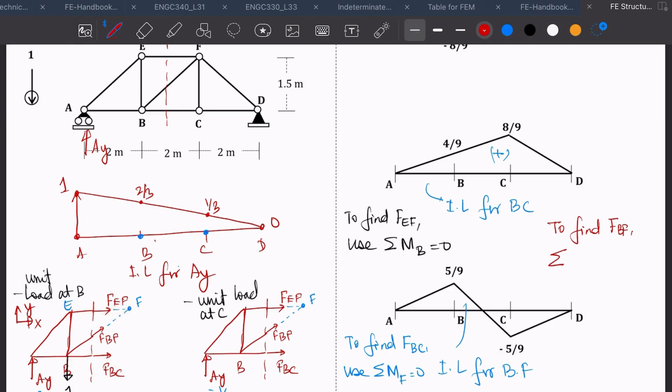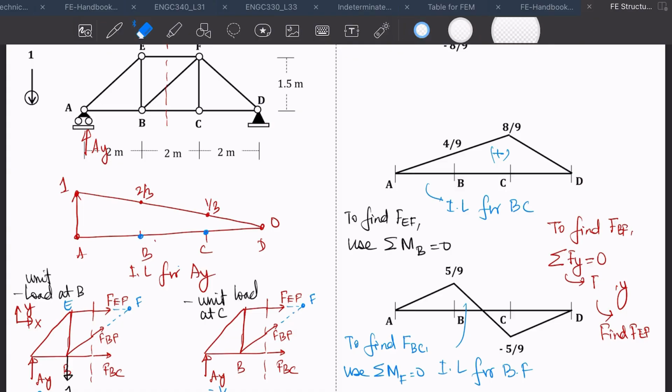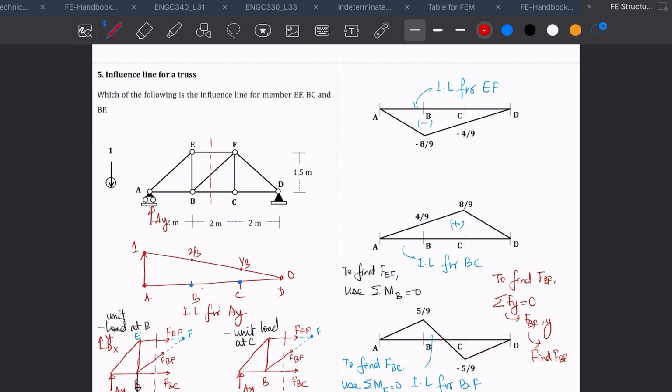So all you have to do is summation of Fx equal to 0. You'll find FBFy, and from there find FBF. FBF, sorry, not FEF. FBF.